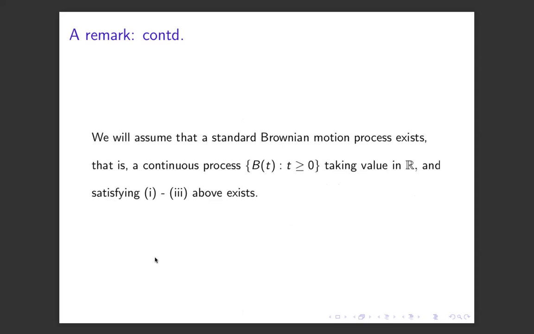So we will assume that a standard Brownian motion process exists. We are not going to bother about mathematically trying to prove that such an object exists.